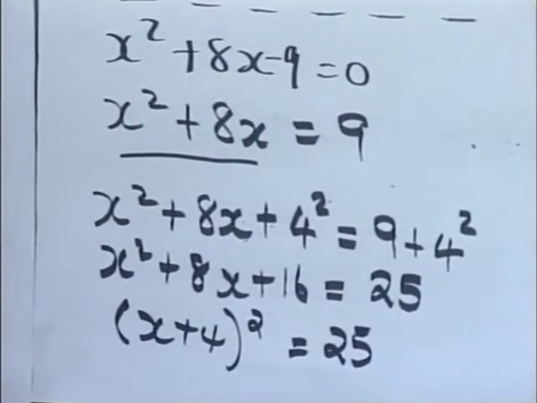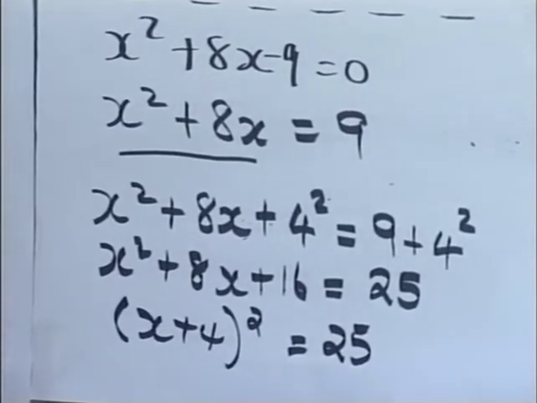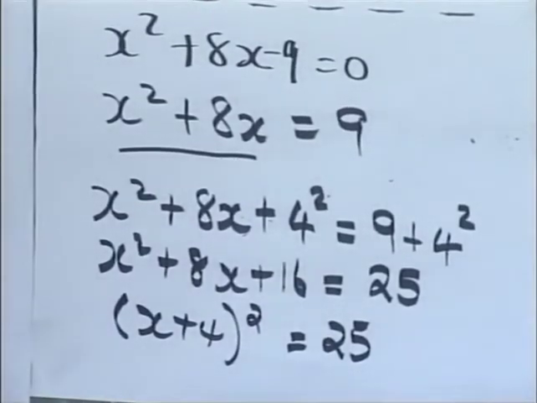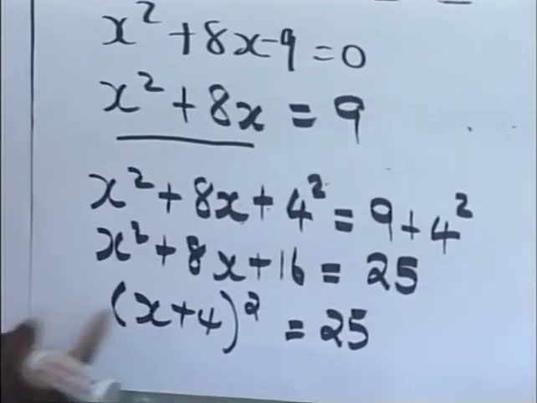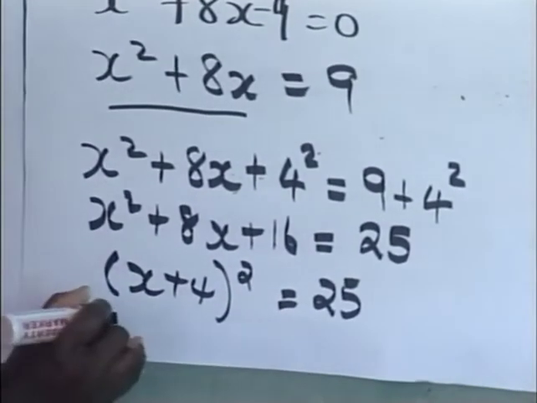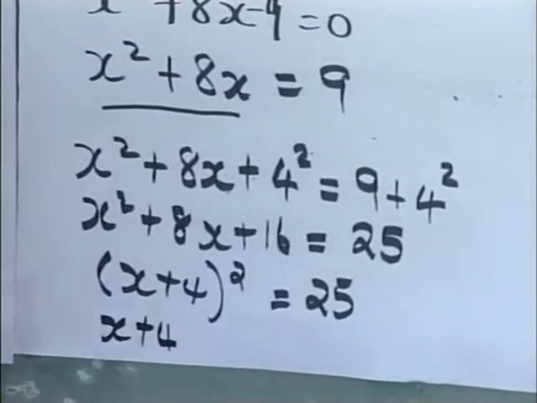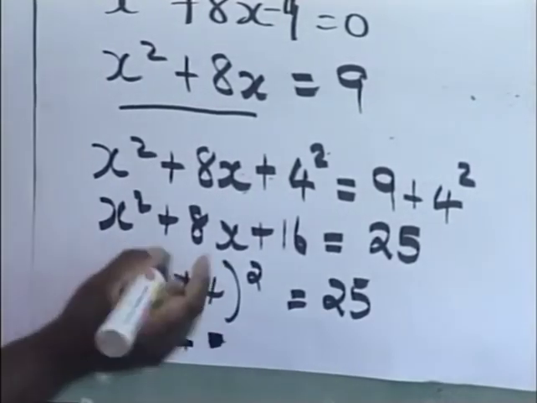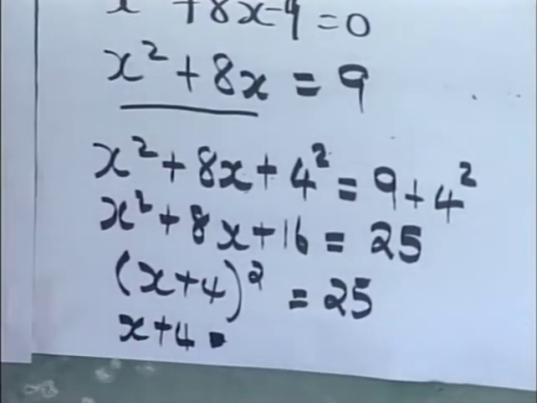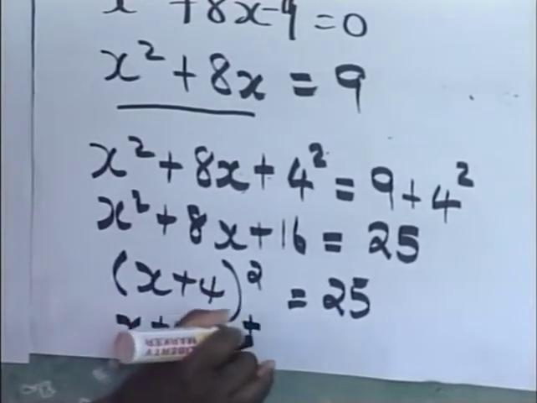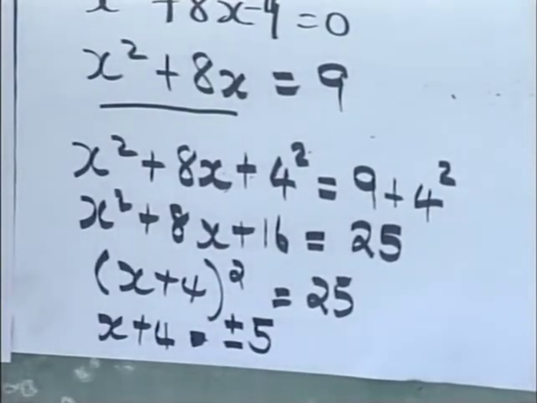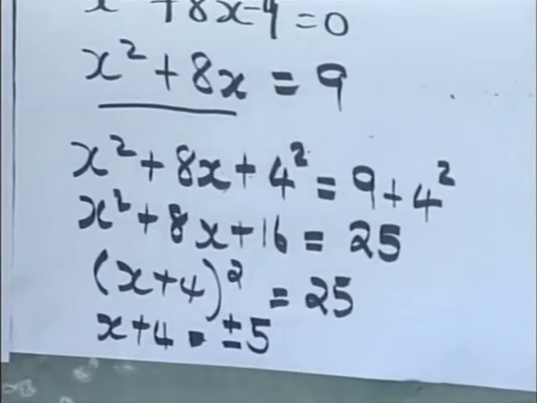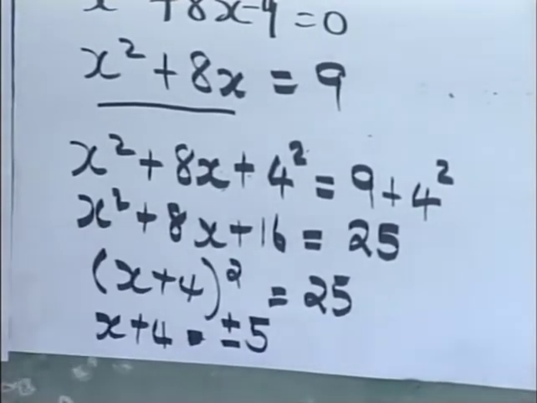Then the next thing to do to solve this, I have to find the square root of both sides. The square root of x plus 4 squared is x plus 4. The square root of 25 is 5, but this time we will have to say plus or minus 5 because the square of negative 5 is also 25. And the square of positive 5 is also 25.